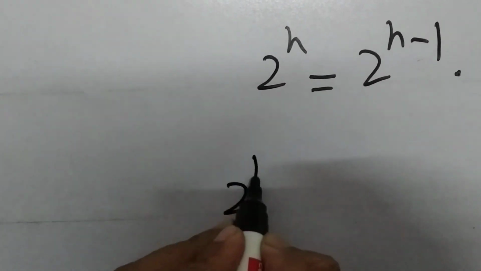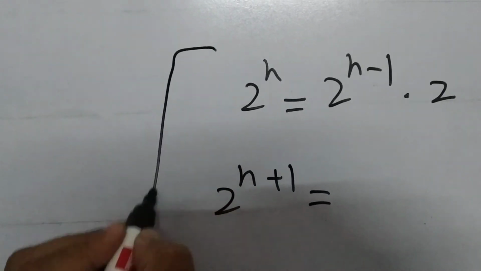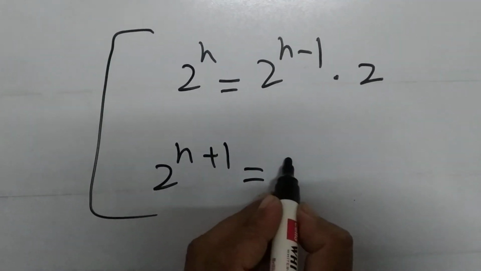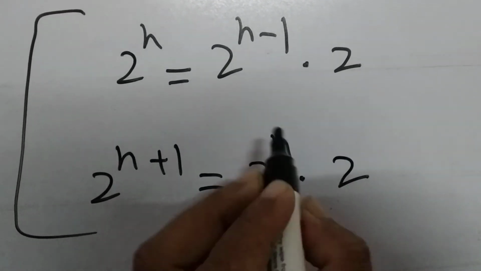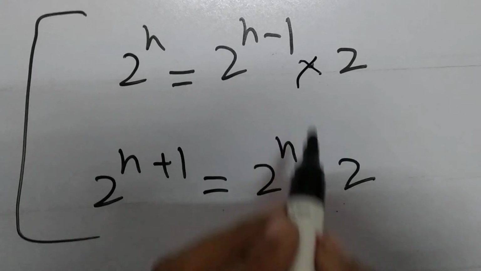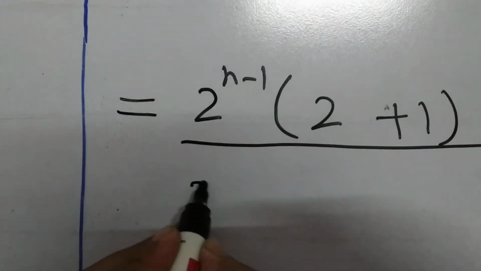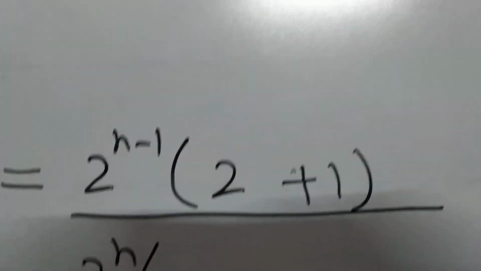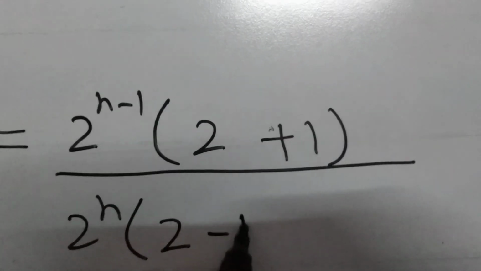Since 2 raised to power n plus 1 is equal to 2 raised to power n into 2, common 2 raised to power n, 2 minus 1.